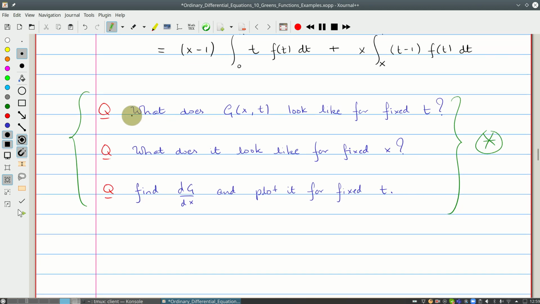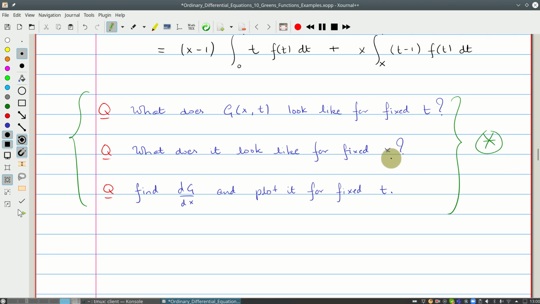So I've got a few things for you to think about and seriously work through. What does g look like for a fixed t? If you plotted it, what would it look like? What would g look like for a fixed x? If you're good at using Python for making two-dimensional plots, plot the function g of x and t as a function of both variables.